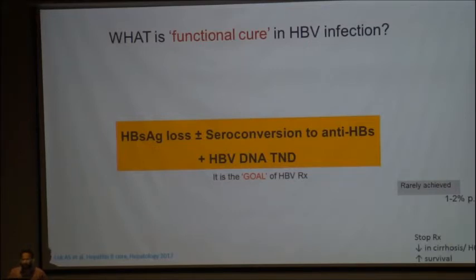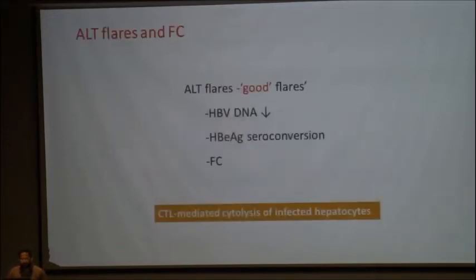But this is rarely achieved. Only 1 to 2% of patients with chronic hepatitis B develop functional cure. And as Ankur rightly said, ALT flares and functional cure are closely related. There are good flares. Good flares lead to reduction in HBV DNA, HBeAg seroconversion, and functional cure. This is mostly mediated by cytotoxic lymphocyte cytolysis of the infected hepatocytes.